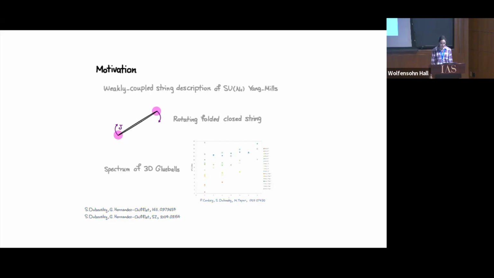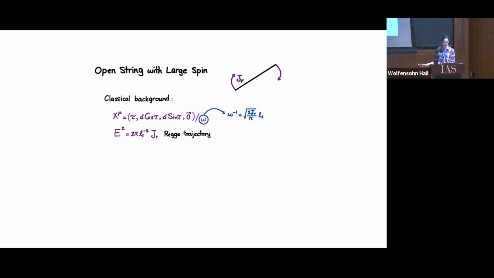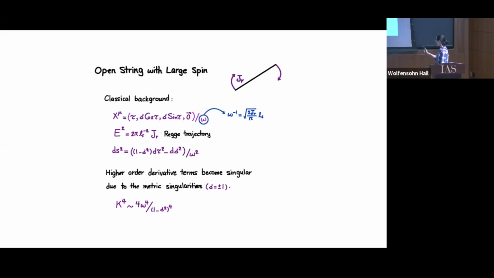So we started with an open string, which I'm going to focus on in this talk. So imagine we have an open string with large spin. We can write this classical background, which recovers a rigid trajectory, but it also gives us a metric which becomes singular at the endpoints.